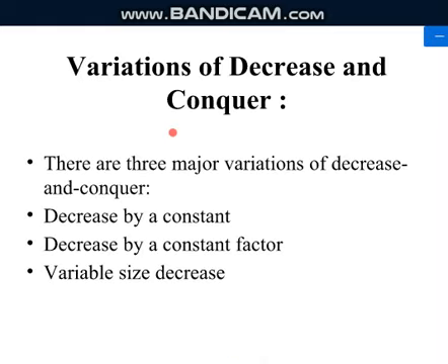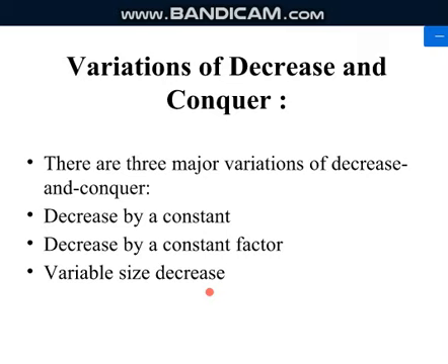Here there are three major variations, that is types, where you can apply decrease and conquer. One is decrease by constant, the other is decrease by constant factor, and the other is variable size decrease. Decrease by constant is where in every iteration you reduce by a certain constant value.